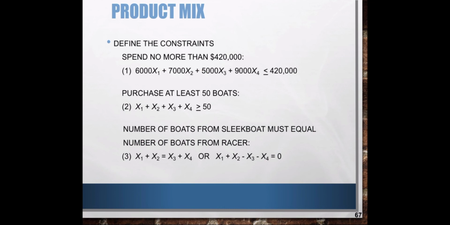So x sub 1 plus x sub 2 plus x sub 3 plus x sub 4 is greater than or equal to 50. The number of boats from Sleek Boat must equal the number of boats from Racer. So x sub 1 plus x sub 2 equals x sub 3 plus x sub 4, or x sub 1 plus x sub 2 minus x sub 3 minus x sub 4 equals 0.